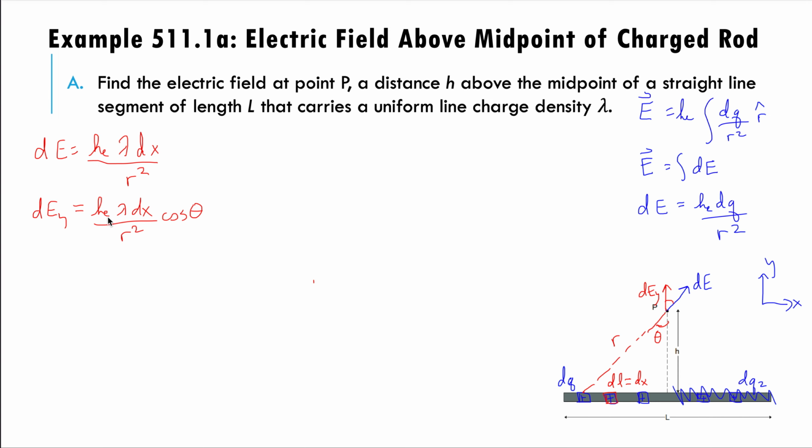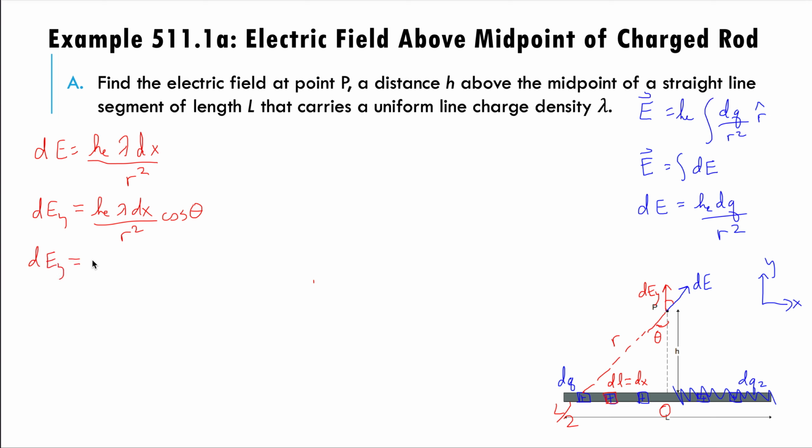Before we're ready to integrate, we need to write all of the variables that depend on x in terms of x. We know that we're going to be integrating from 0 to L over 2. So any variable that depends on x, we need to rewrite in terms of x.